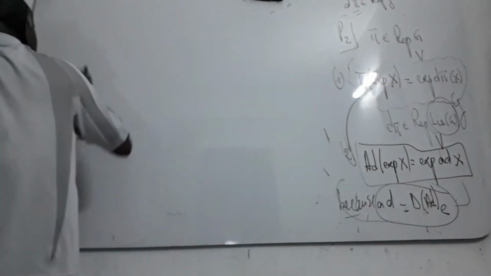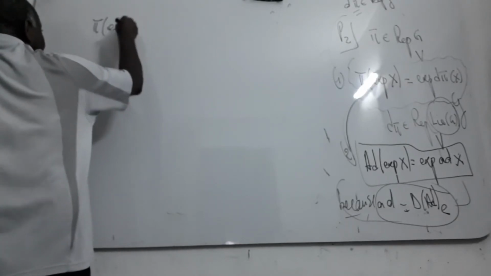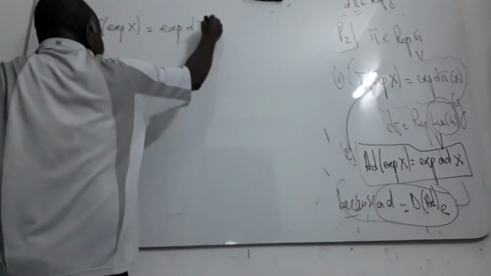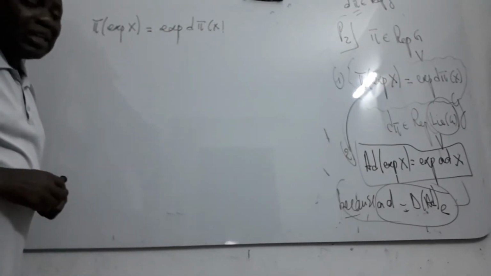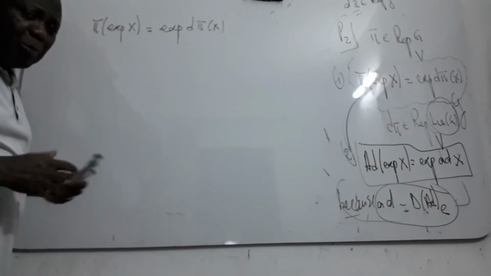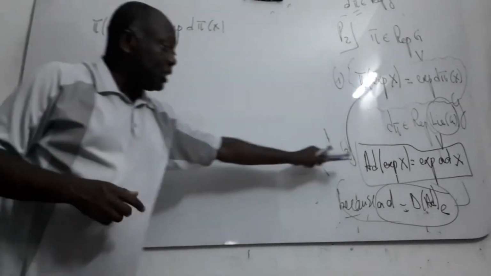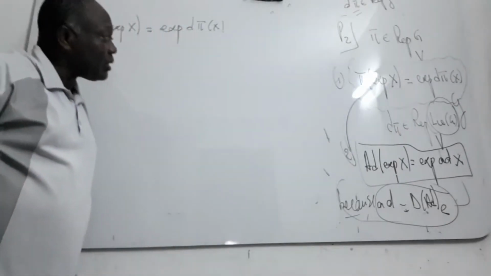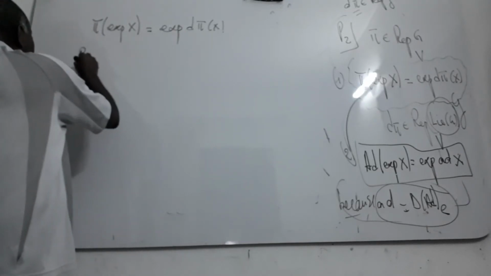So we can easily prove again that pi of the exponential of x is exactly the exponential of d pi of x. Just use some properties of one-parameter subgroups to prove this. You probably should know this already, because the adjoint is also a particular representation. We can prove it all. Okay, let us set up the proof.